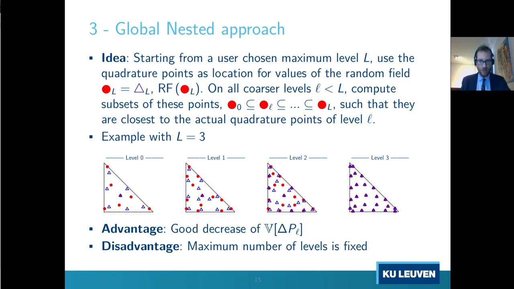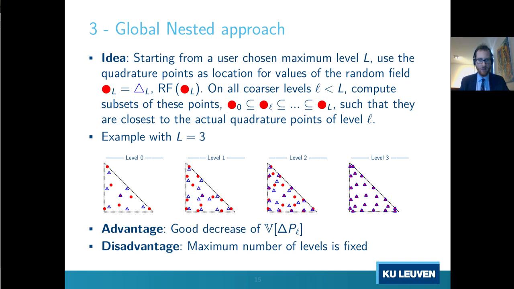For coarser levels, so level 2, 1, 0, you compute subsets of these locations, of the red circles, such that for each level, for level 2 for example, these red circles are closest to the actual quadrature points. And then during the numerical integration, you integrate with the D matrix with the uncertainty corresponding to the closest quadrature point.